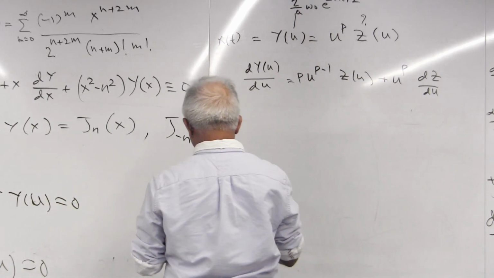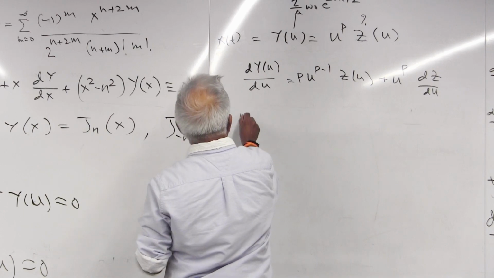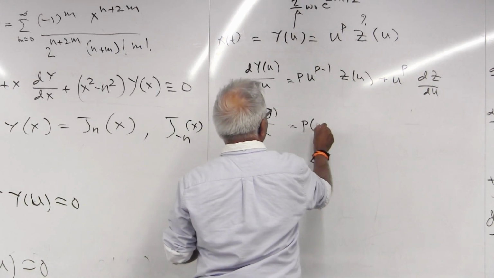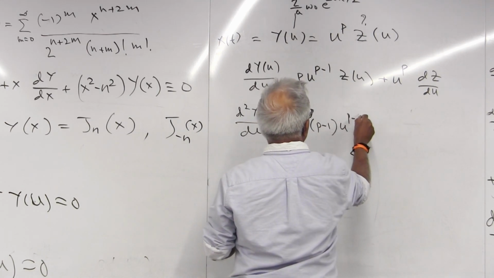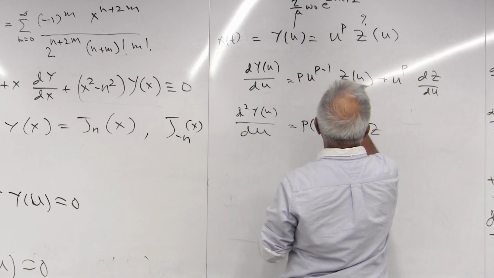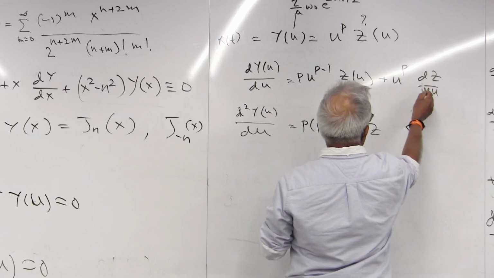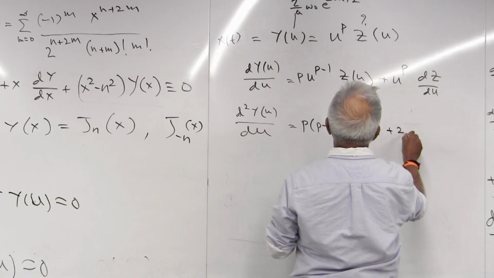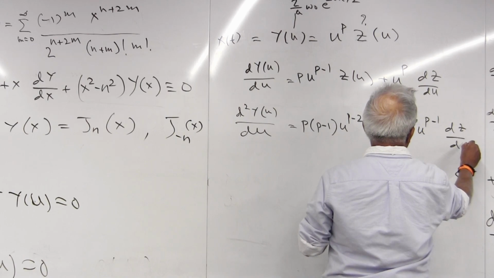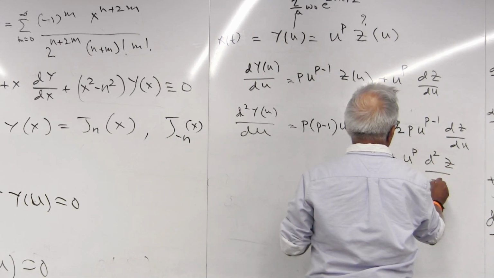And you need the second derivative also. The second derivative of y with respect to u is p times p minus 1 u to the power p minus 2 z, plus 2 times p u to the p minus 1 derivative of z with respect to u, plus u to the p second derivative of z with respect to u squared.